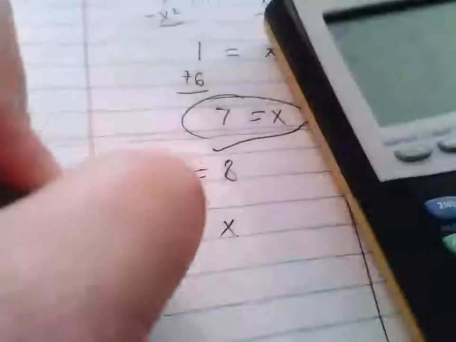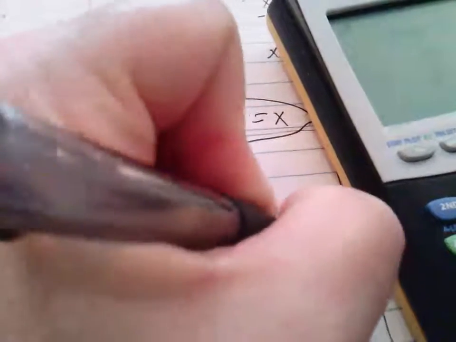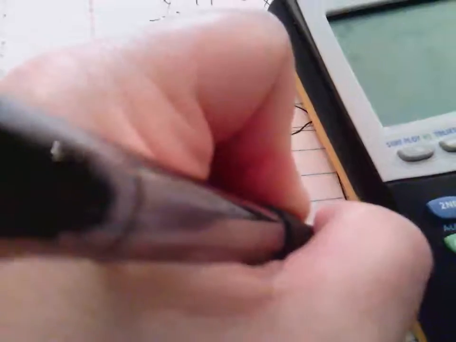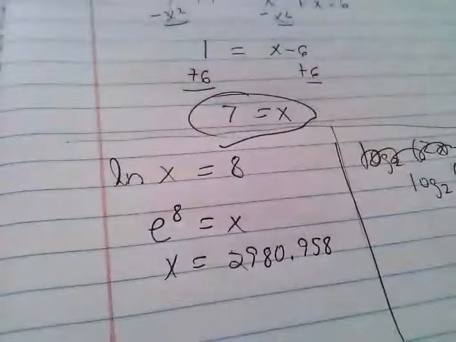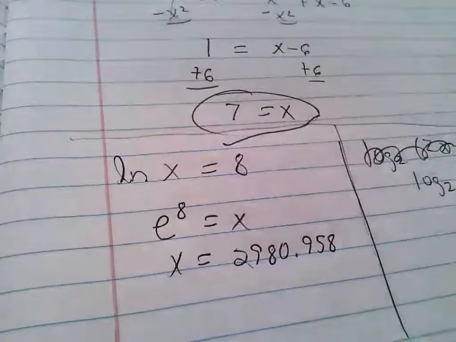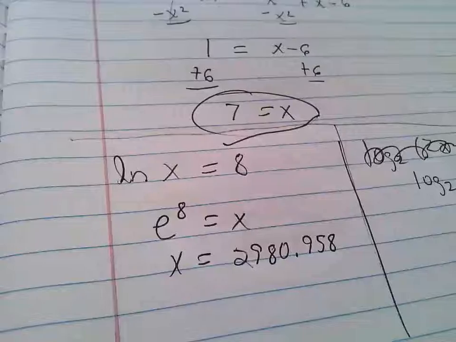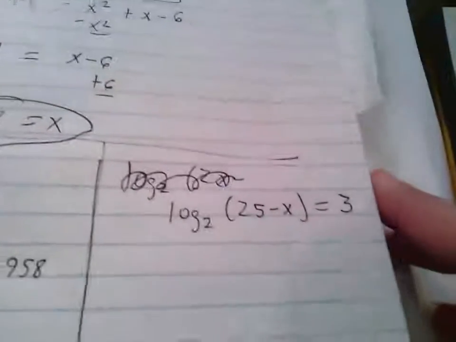So x is 2,980.95. And don't worry if you round it differently than me, as long as it's rounded correctly, like a whole number or one or two decimal places. I'm not going to be really picky about that.